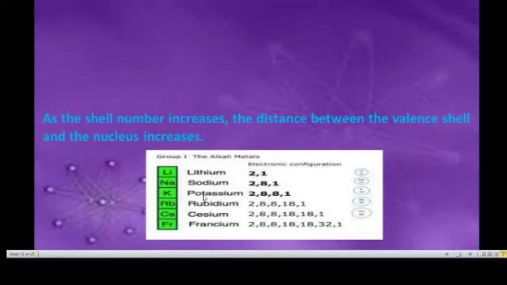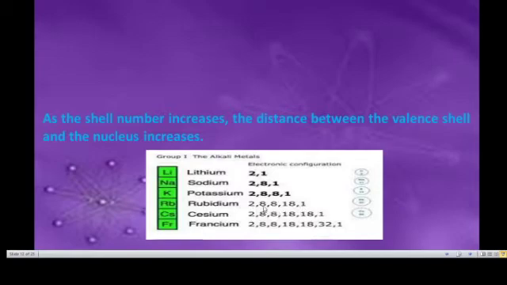Then potassium, atomic number 19, 2, 8, 8, 1. Then rubidium, atomic number 37, electronic configuration 2, 8, 18, 8, 1.